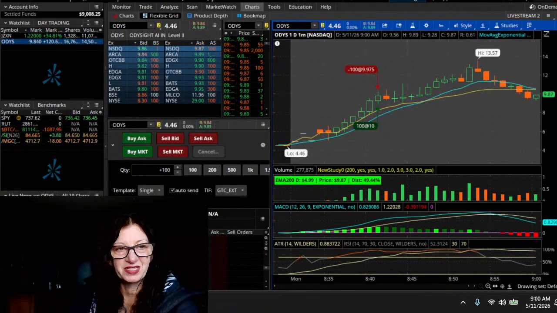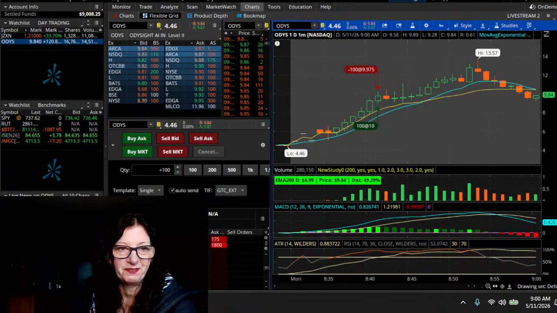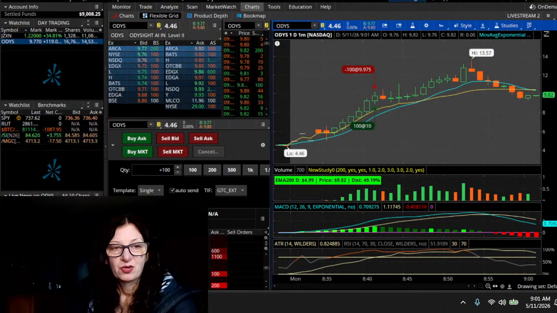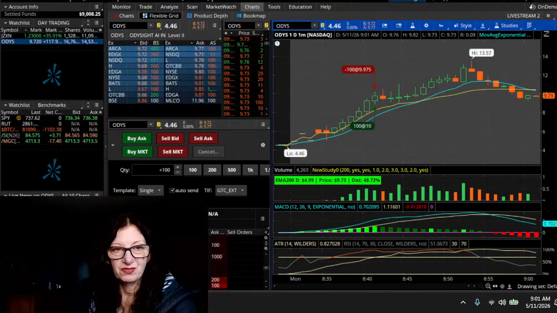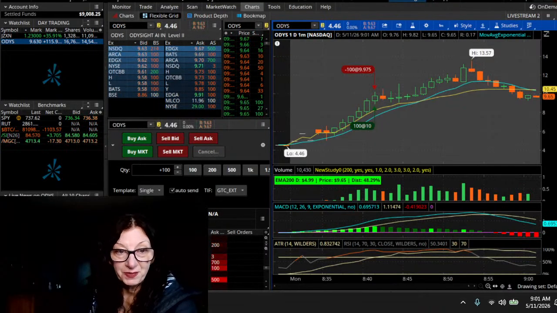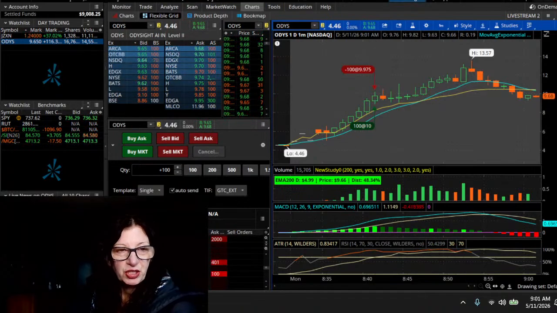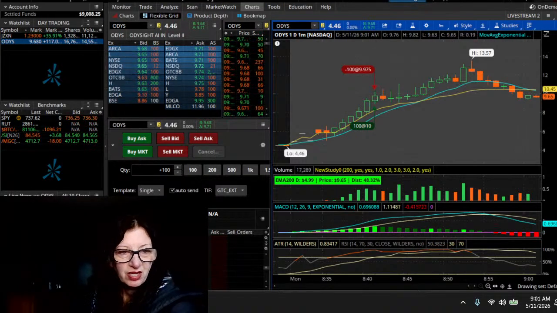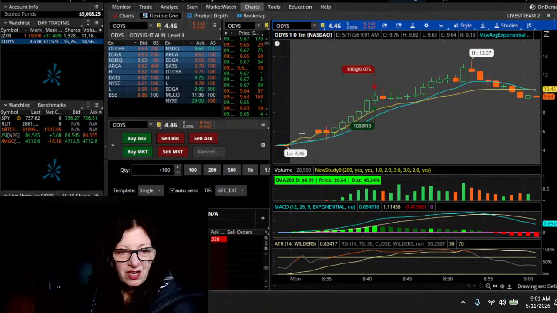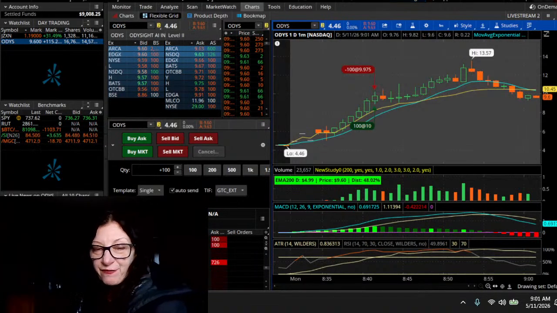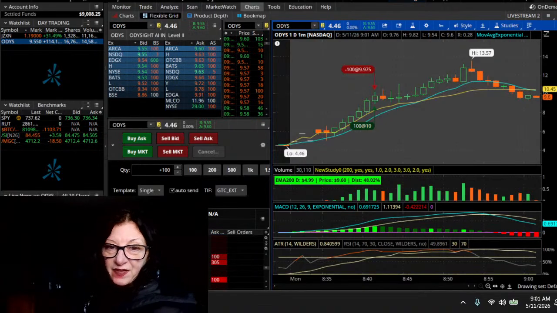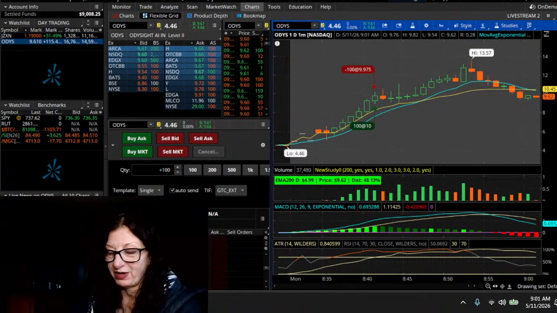Based on Andrew Aziz's book, this is one of his main setups. I know some people trade a 5-minute opening range breakout, and they also trade a 15-minute opening range breakout.